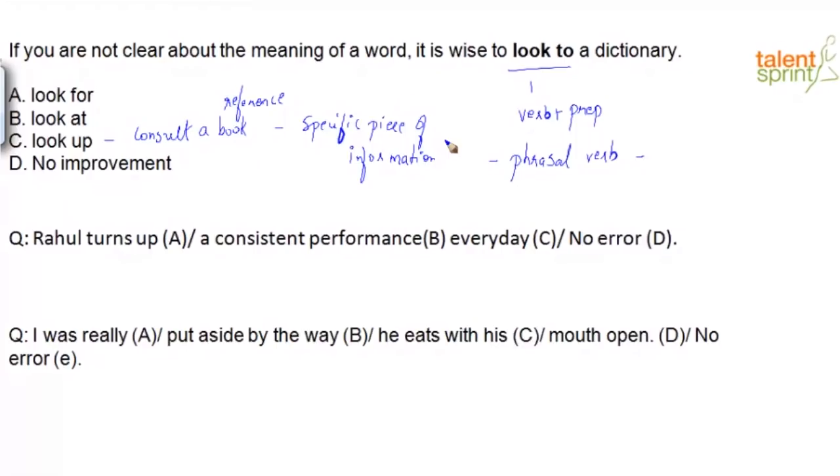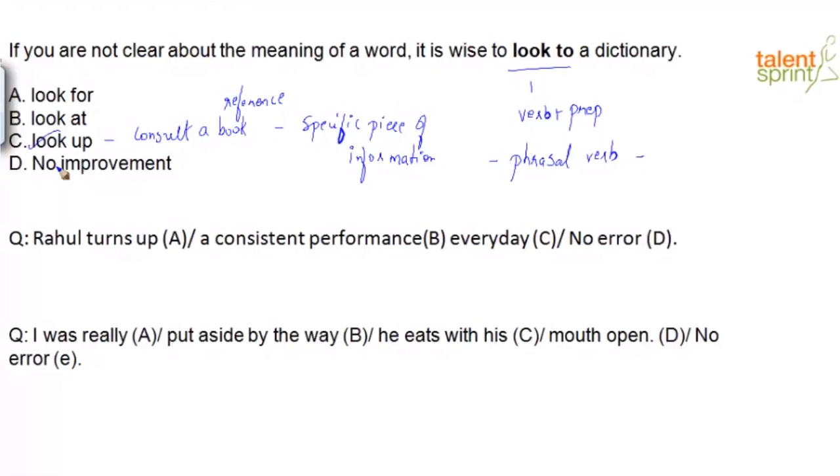So if you're not clear about the meaning of a word, it is wise to look up a dictionary, meaning go and refer to it for that specific piece of information. See, the idea behind phrasal verbs is to not just understand that this is a concept that will help me with either sentence improvement or even finding errors or fill in the blanks, but to also understand that each phrasal verb has different meanings in different contexts.